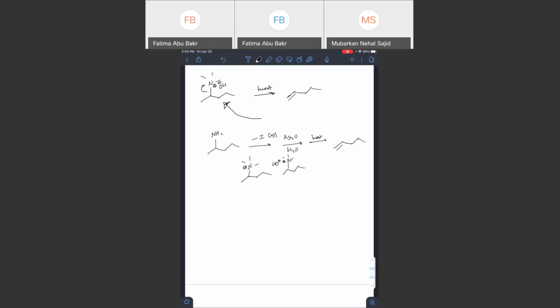And then the heat is for eliminating it. But all of this you don't need to know. The main point is you start off with your NH2, you do each of these steps, and it will result in an elimination. But remember, the end product is so hindered.